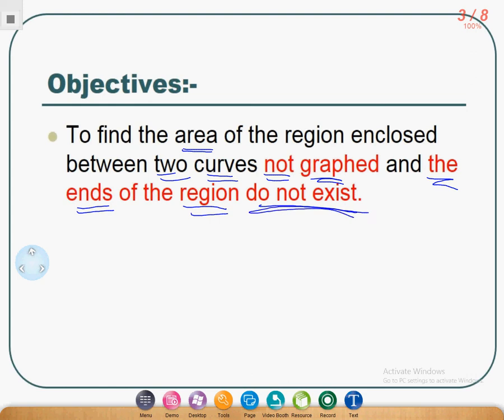So you have here two missions. Number one, you have to decide which graph is up and which graph is down. Number two, you have to decide the numbers of the region, the first and the second number. So start with me with the first question, take care about our procedures, and try to apply them on the exercises with me.